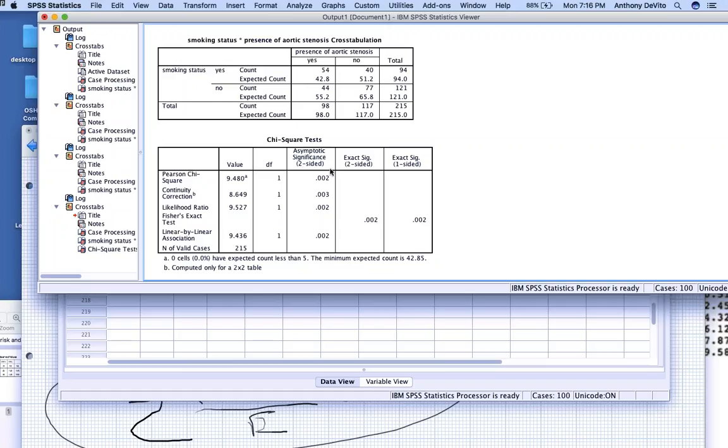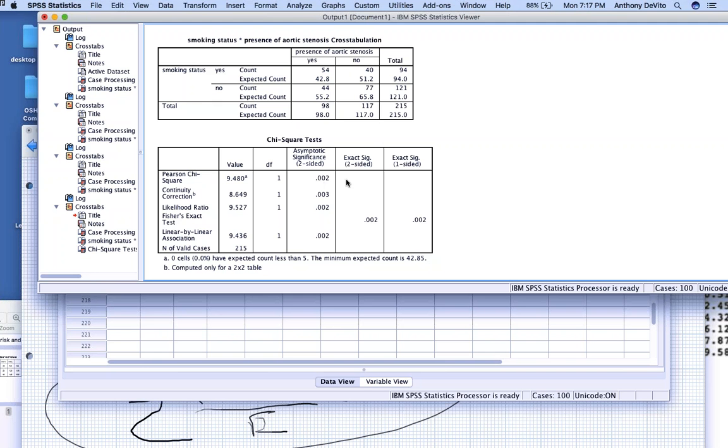It shows you the significance, or the probability of getting that extreme an outcome if there's no association. In other words, that's how far out on that chi-square distribution you are. You're at the point where there's only a 0.2% chance of getting that if there's no difference between smokers and non-smokers.